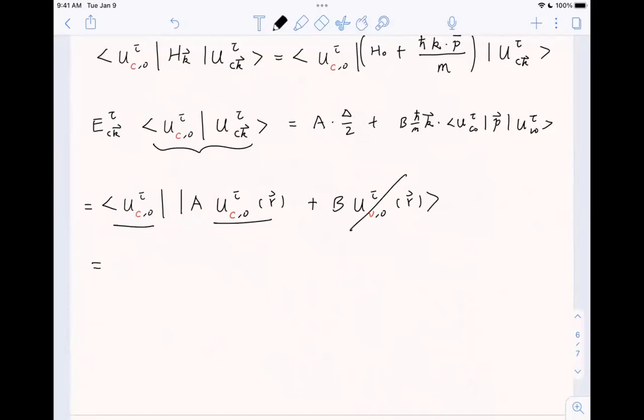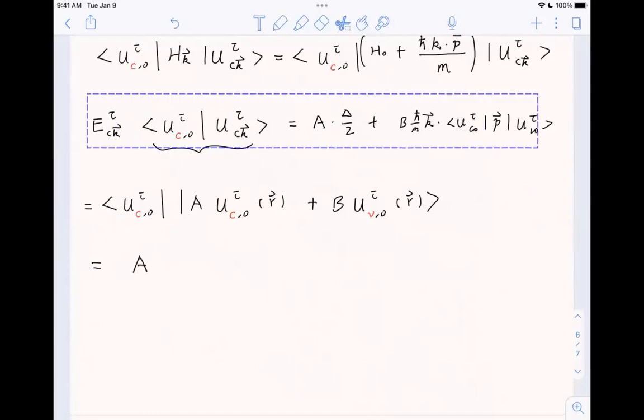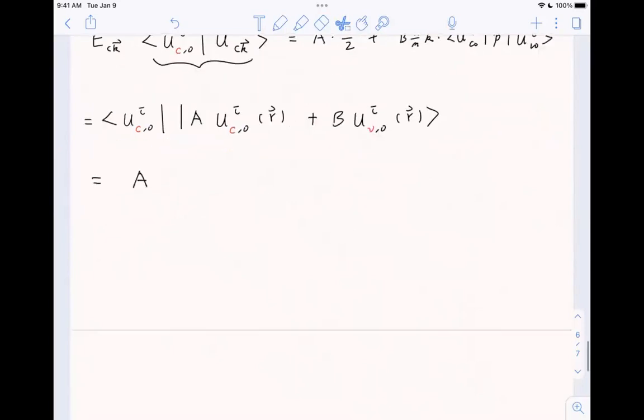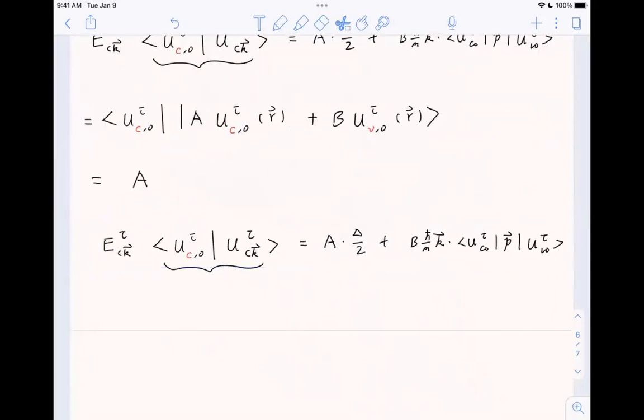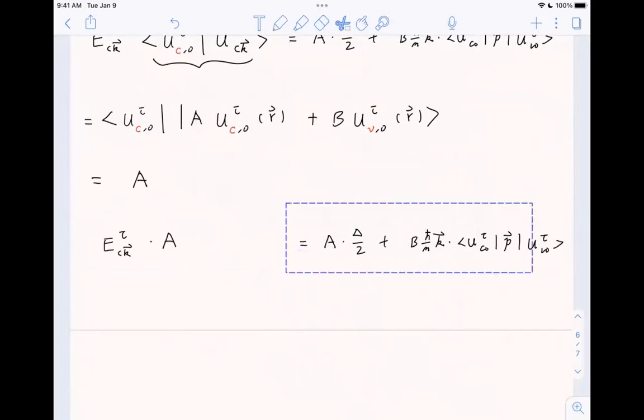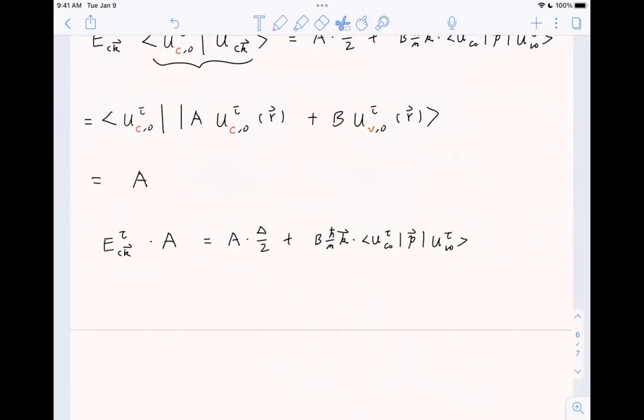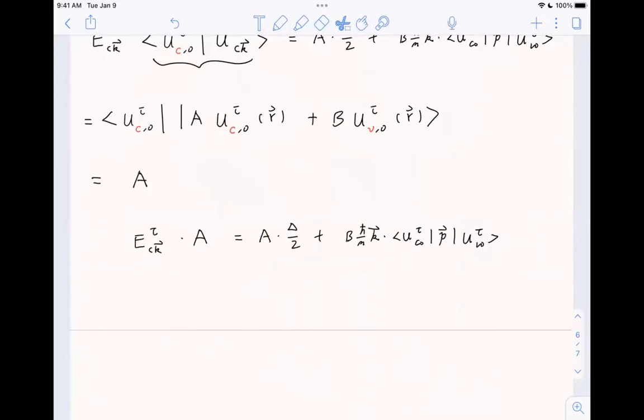This one will go away. It's orthogonal. So eventually, you just equal to A. I mean, just do a projection. You get an A, right? Okay. So eventually, you get just this times A. Is it okay?